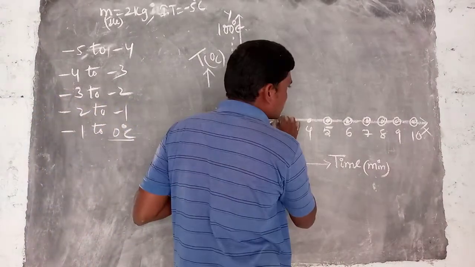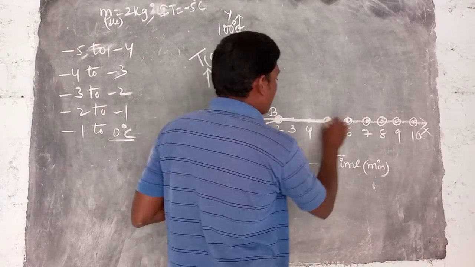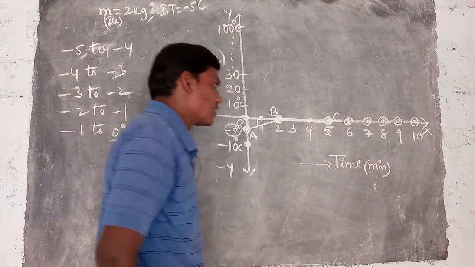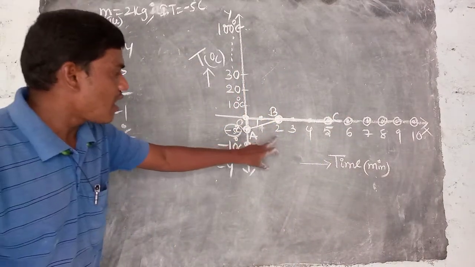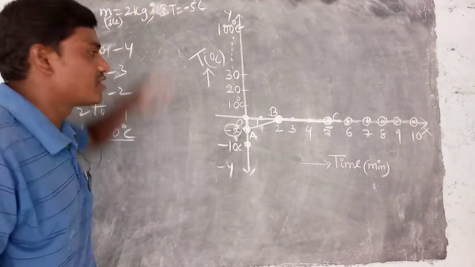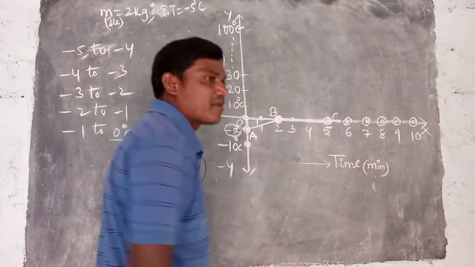For example, from 2 to 5 minutes is this period. After 5 minutes the total ice cubes are converted to water, and if you continuously supply heat energy, the temperature gradually increases.